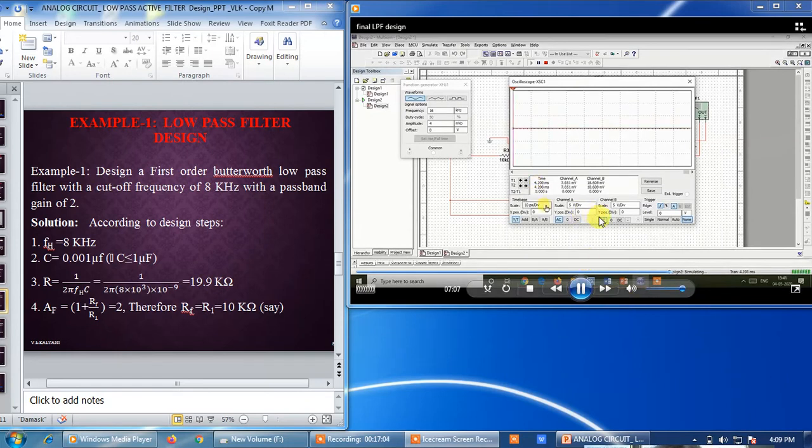You can also find out the output in the form of AC or DC. So here there are options in the CRO. You can choose any terminal, AC or DC, and set the scale.